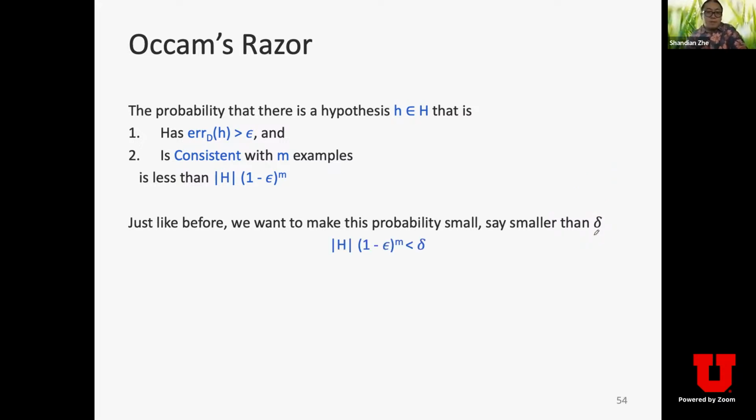That means as long as we can make the upper bound of this probability less than delta, then we can try to solve this inequality in terms of the size of the training data set, M. And then we can know how many examples I need to control the probability of my bad event happening to be less than delta. So then we can just solve the inequality.